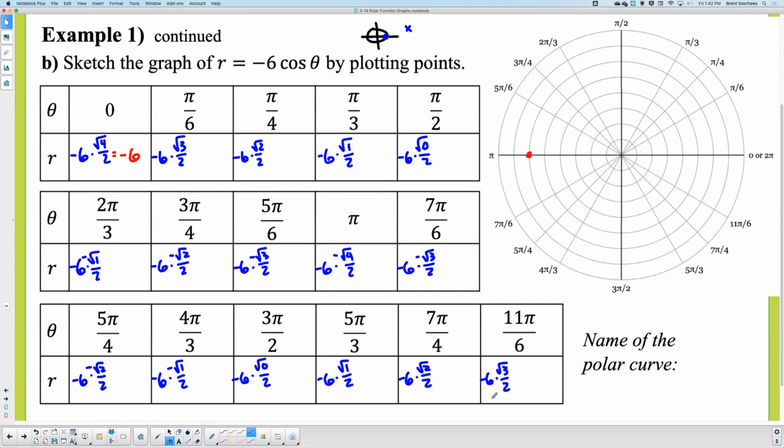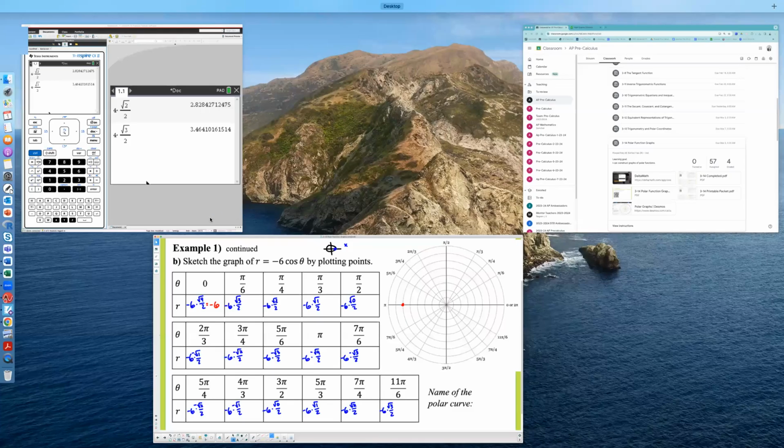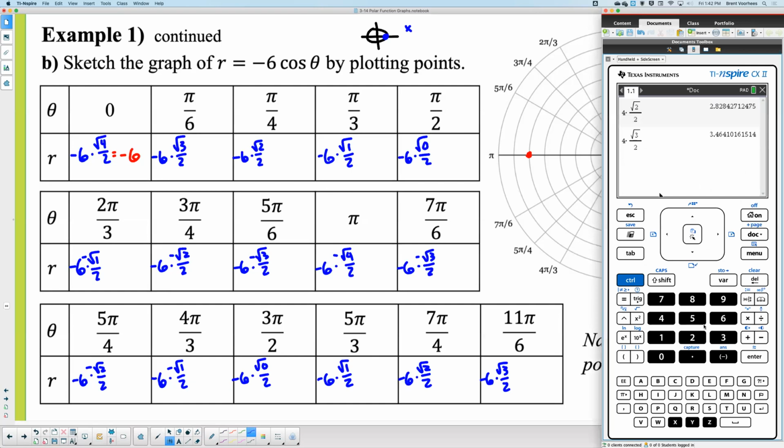And I need to find out what some values are. Real quickly, I'm going to type those in the calculator. I'm going to need to know what the value times the square root of 3 over 2 is. So there's that one. And let's do this again where I change this to a 2.